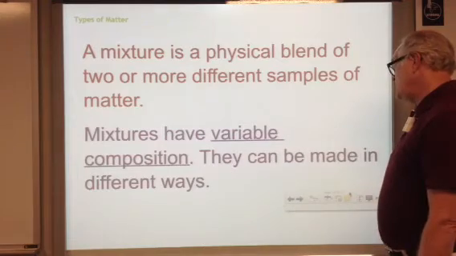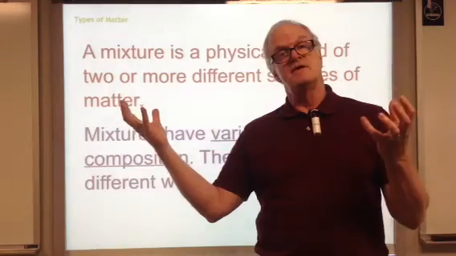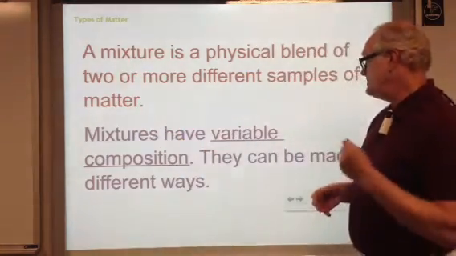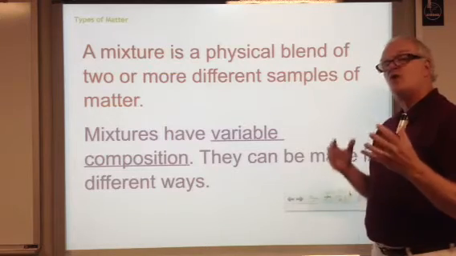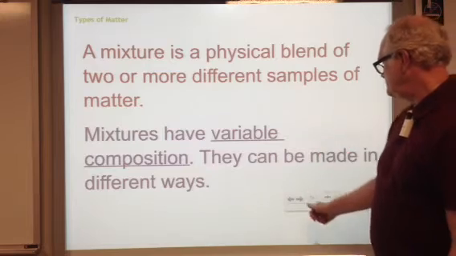Mixtures have variable composition. We can put a lot of one thing with a little of another. We can put a little of one thing with a lot of another. It's still a mixture of substances, but they don't always have the same proportions. They can be made in different ways.